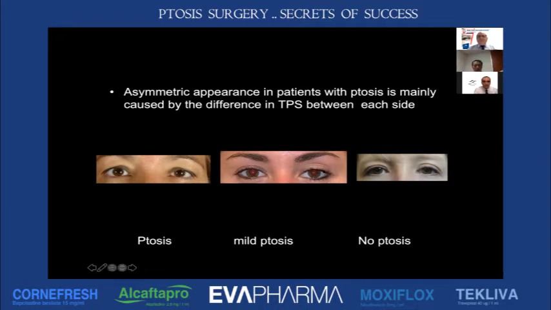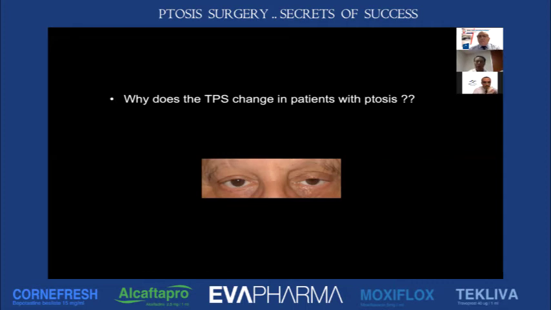On the other hand, this patient has got a very mild ptosis, but there is quite an asymmetry in TPS between both sides. And that allows us to perceive as if she has more ptosis than she really has. In this patient, as we just saw, there is no ptosis on the left side, but there is an asymmetric tarsal platform show. Why does the TPS change in patients with ptosis?